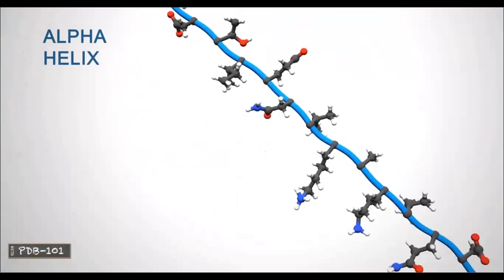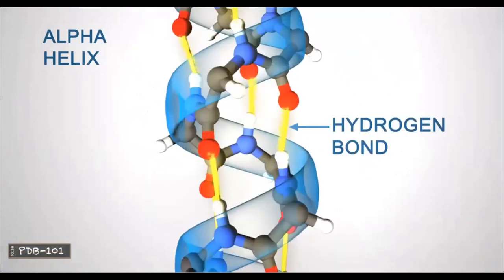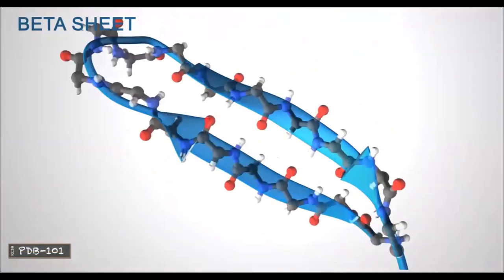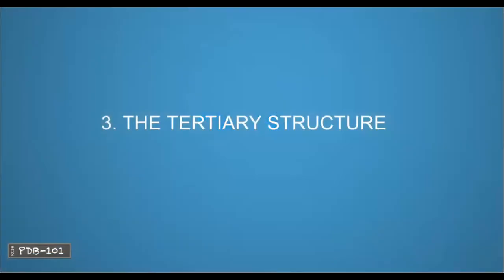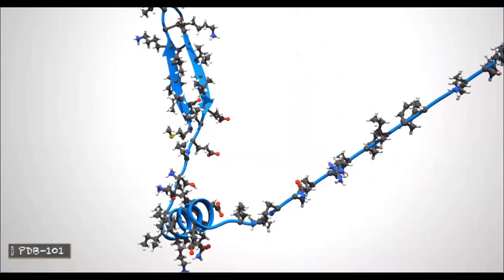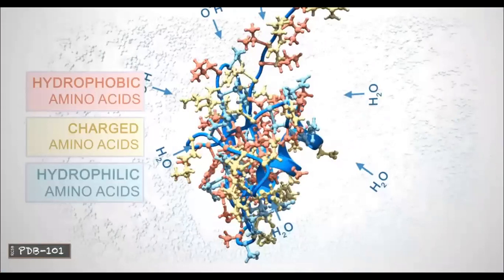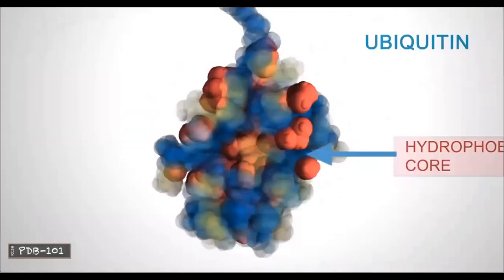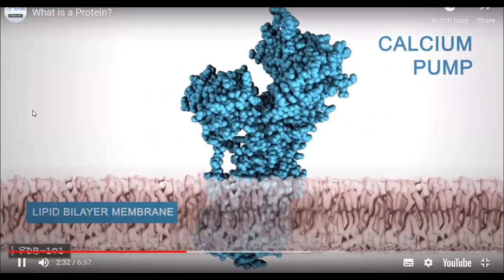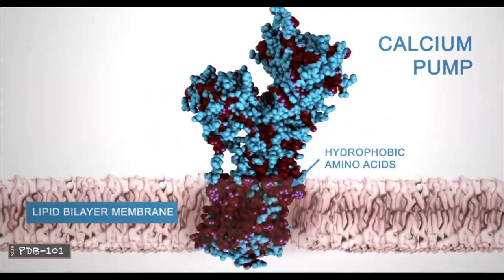An alpha helix is a right-handed coil stabilized by hydrogen bonds between the amine and carboxyl groups of nearby amino acids. Beta sheets are formed when hydrogen bonds stabilize two or more adjacent strands of amino acids. The tertiary structure of a protein is the three-dimensional shape of the protein chain. This shape is determined by the characteristics of the amino acids making up the chain. Many proteins form globular shapes with hydrophobic side chains sheltered on the inside, away from surrounding water molecules. Membrane-bound proteins have hydrophobic amino acids clustered together on their exteriors, so that hydrophobic side chains can interact with the lipids in the membrane.